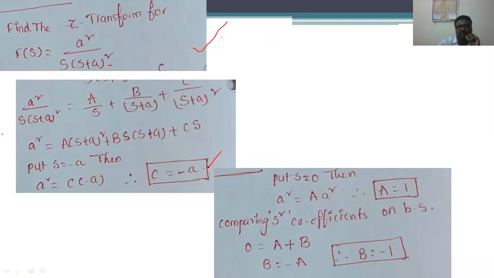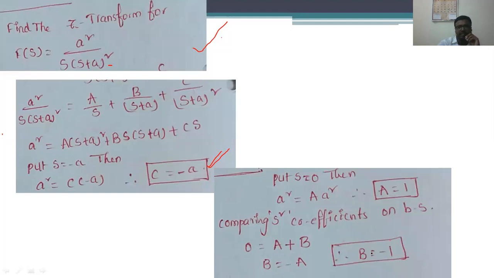With this relation, we can obtain the value of C also, that is -1. Then comparing the s² terms on both sides, LHS and RHS, the s² term on the left is 0, so A + B = 0. Therefore, B is nothing but -A. Finally, we get A = 1, B = -1 and C = -1.